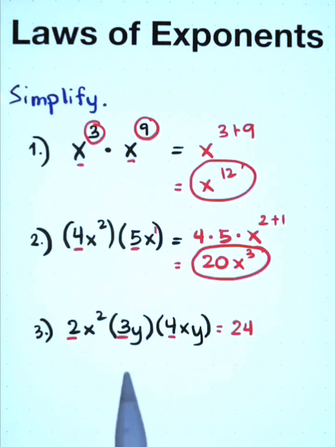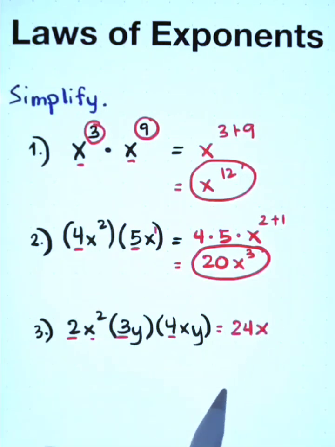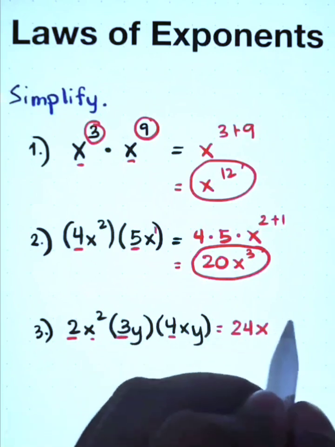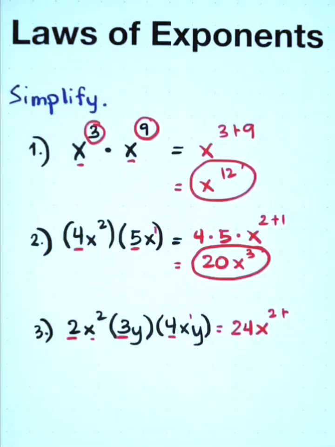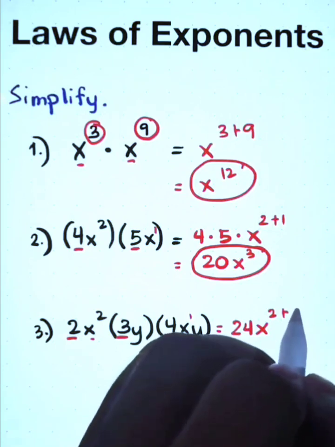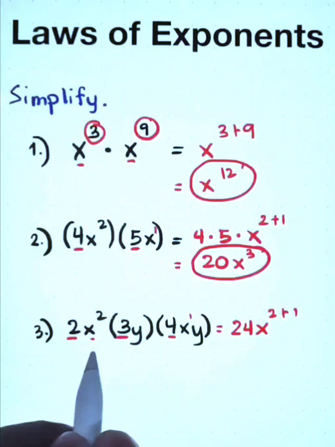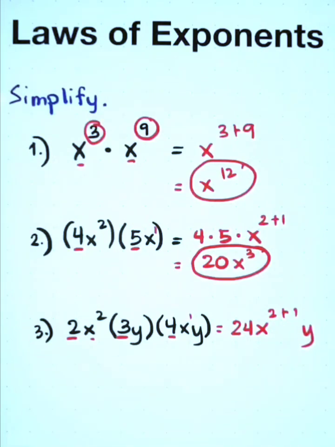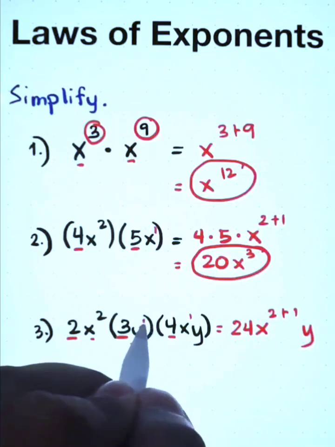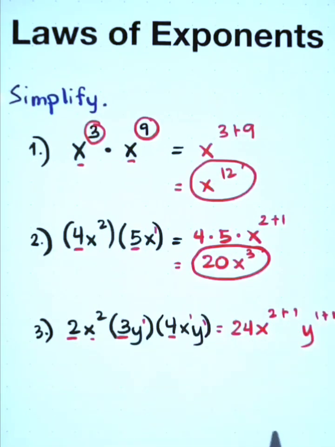Let us start with the x variable. Copy the x variable. Add the exponents. We have 2 plus, here, we have an exponent of 1. That is plus 1. And since y is different from x, we will copy the variable y as the second variable and then add exponents. We have here 1 and 1, so that is 1 plus 1.